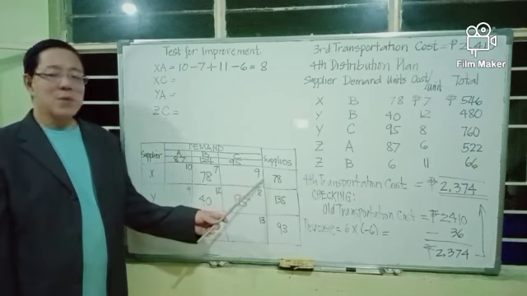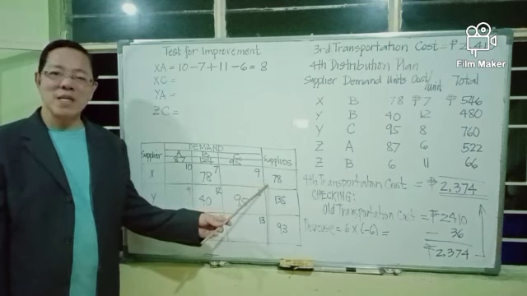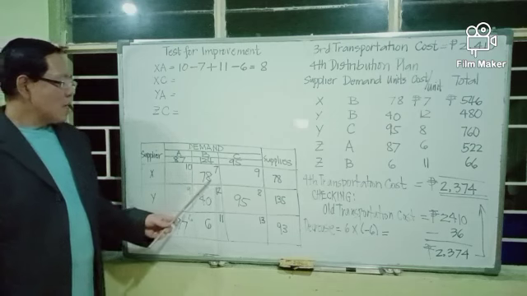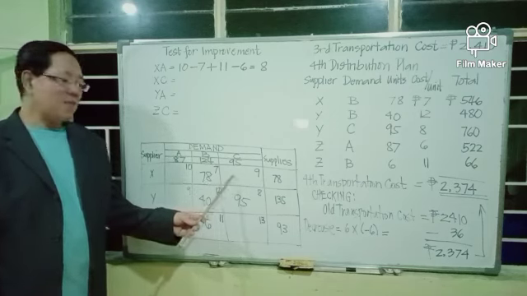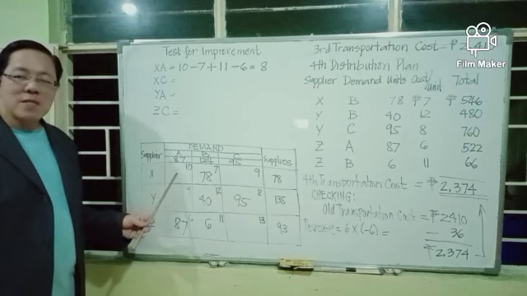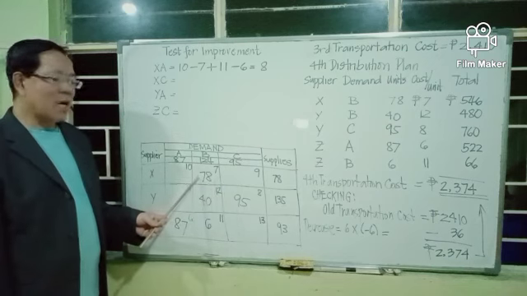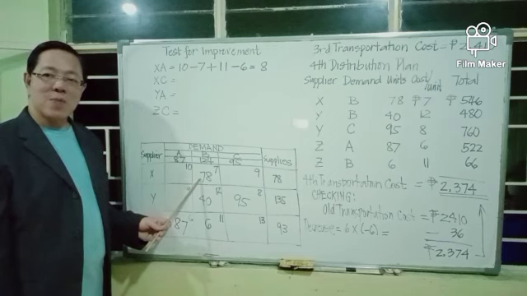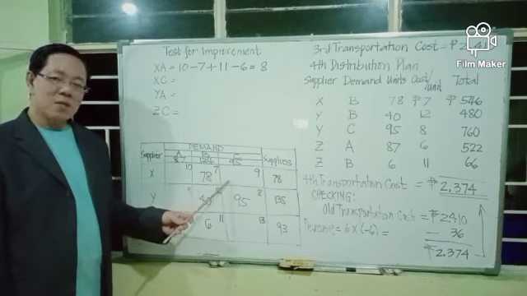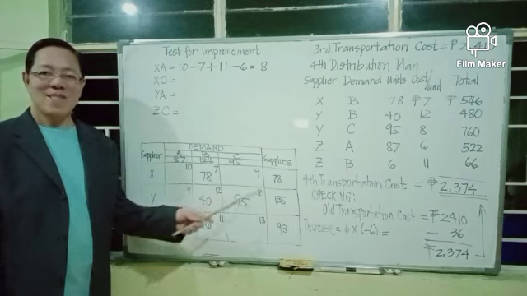We cannot move to the right because this is the number of units in supplier X. So from this vacant cell, we move horizontally to the left, and we cannot move up to this cell because it is vacant or empty. We move horizontally to 78, and the cost for that horizontal movement to the left is the positive of this cell cost, 9.